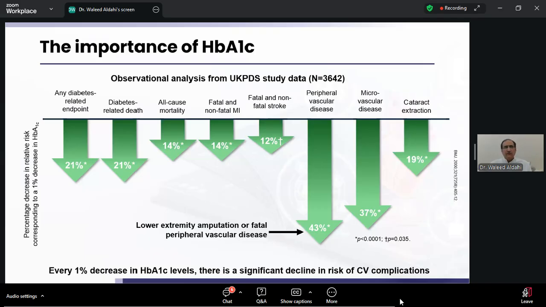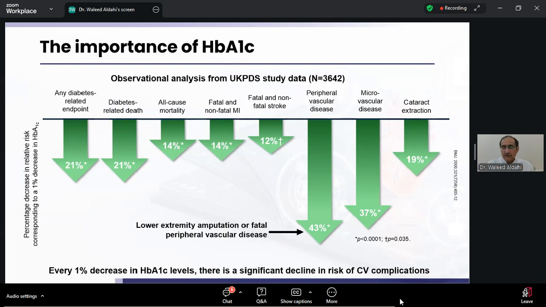Now, we know from important trials, the big trials in type 2 diabetes is the UKPDS, as you all know. And in UKPDS, we know the importance of lowering glucose over a long time of treatment and early tight control leading to a decrease in complications, like any diabetes-related endpoint, 21%.